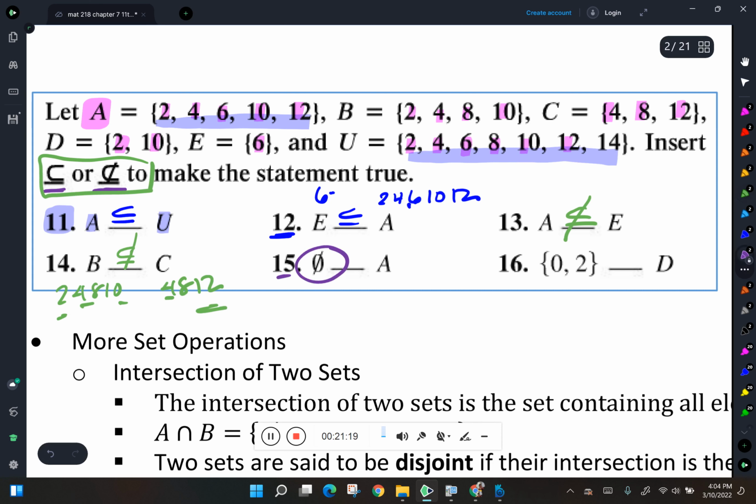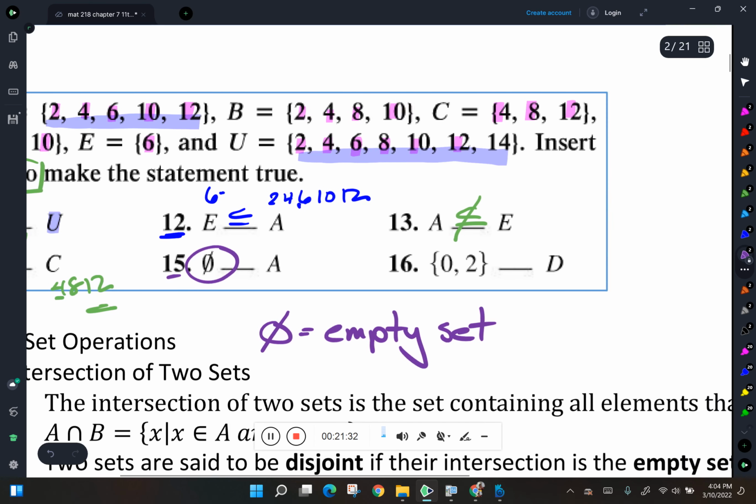Right? All right, what's going on here in number 15? What's that thing? Well, this thing is what's called the empty set. It is the symbol that we use to say that this is a set that contains absolutely nothing. You can also do this, where you just use braces on both ends and you put nothing in the middle.